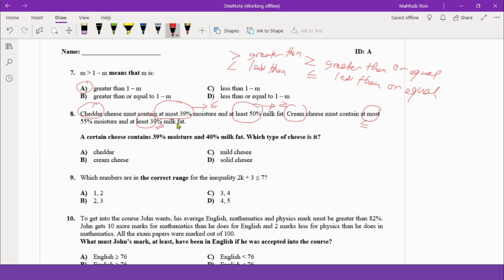So our cheese contains, this is the problem, 39% moisture and 40% milk fat. Which type of cheese is it? So here we have the options A, B, C, D, but C and D are not in this information, so only A and B. So for cheddar, at least means greater than, but this one is 14, so it's not cheddar, so it's cream cheese.